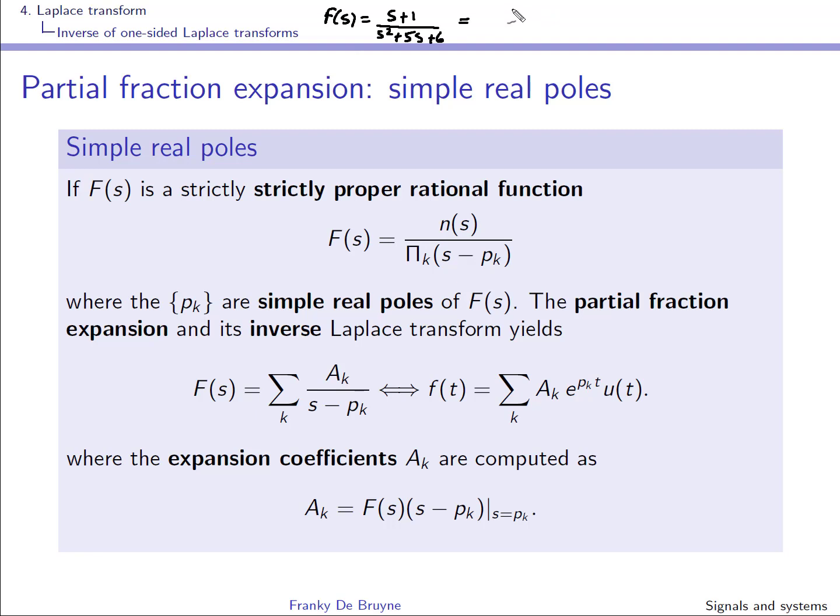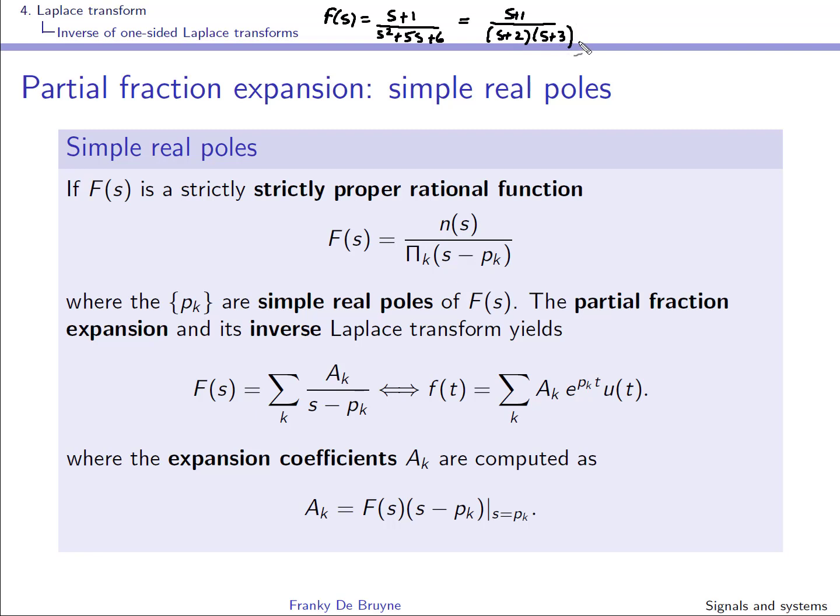So it will be s plus 1 divided by, you see that the sum of the roots is 5 here, and the product is 6, so it must be (s plus 2)(s plus 3). This seems to be correct.